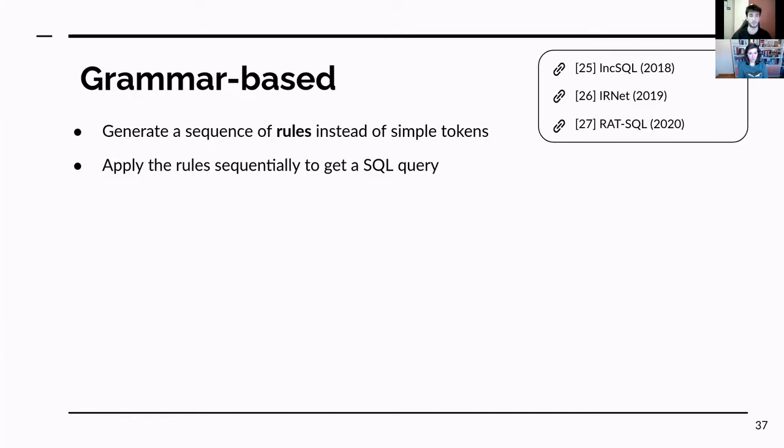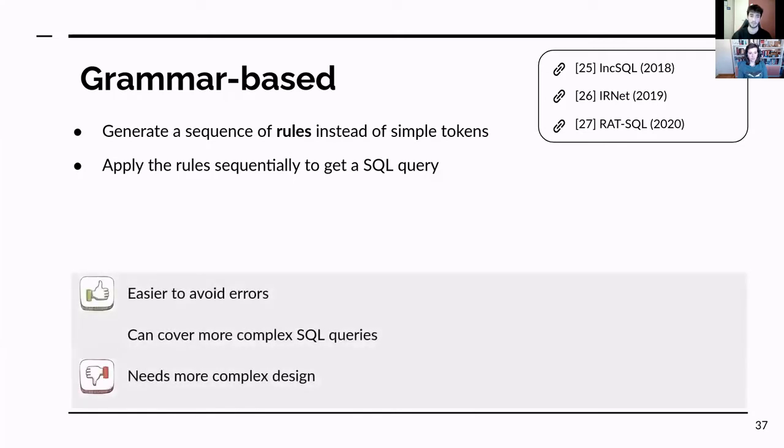So another approach that was proposed in order to achieve larger query expressivity and in order to capture more complex queries is the grammar-based approach. And systems that follow this kind of approach generate a sequence of rules instead of simple tokens. And when we apply these rules sequentially, we can produce an SQL query.